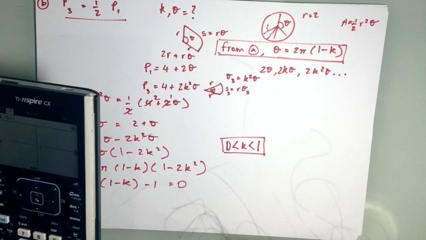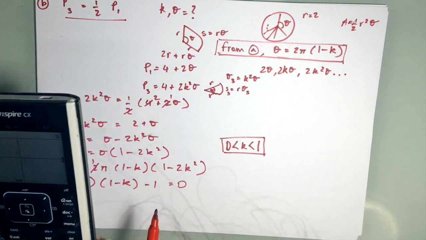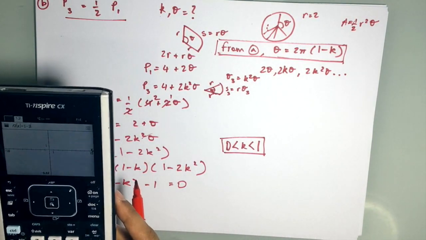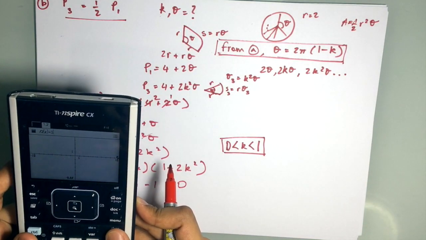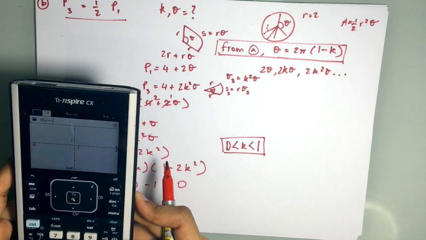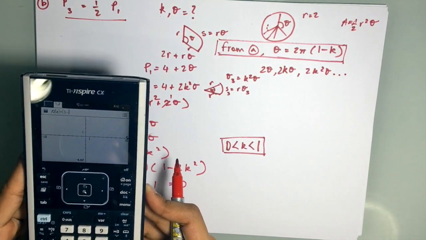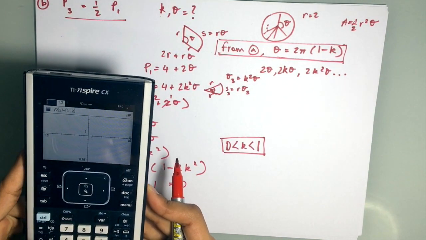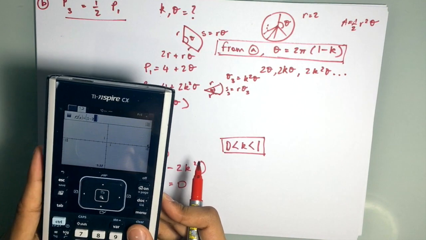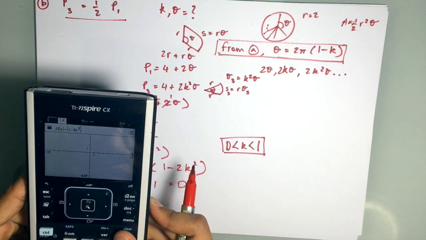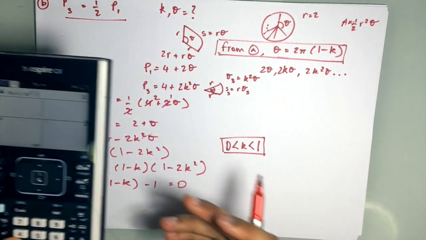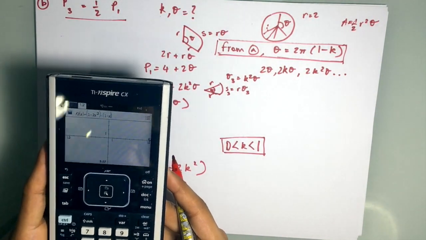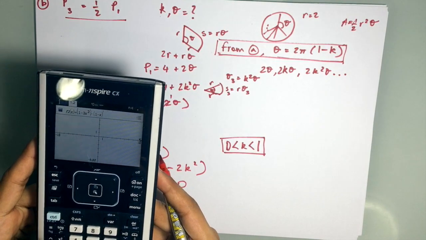Okay, I'll enter it again. 1 minus 2x squared times 1 minus x minus 1.